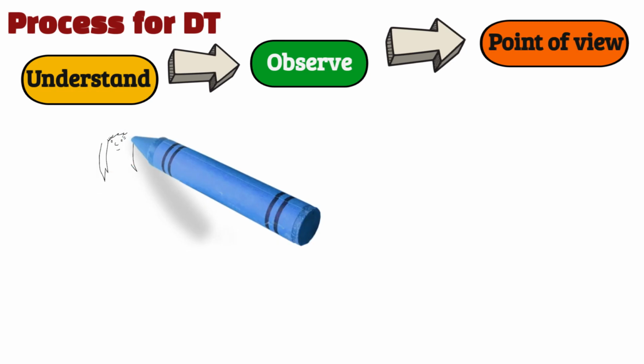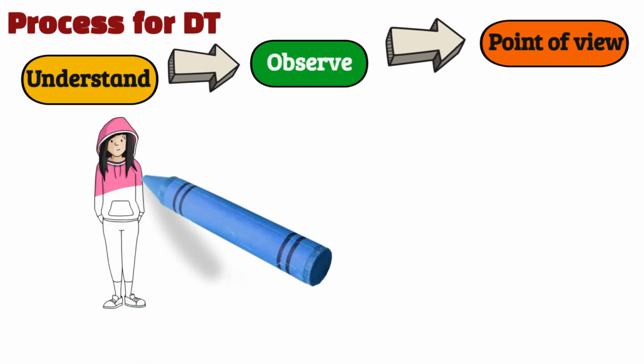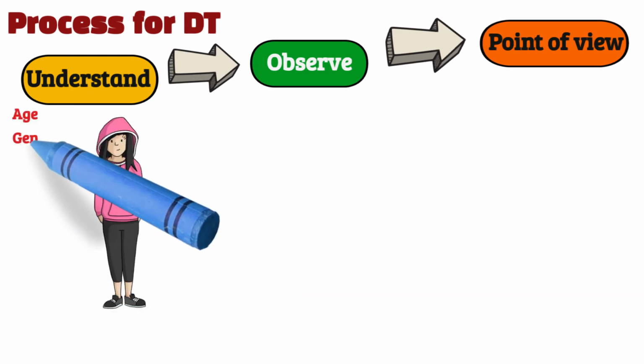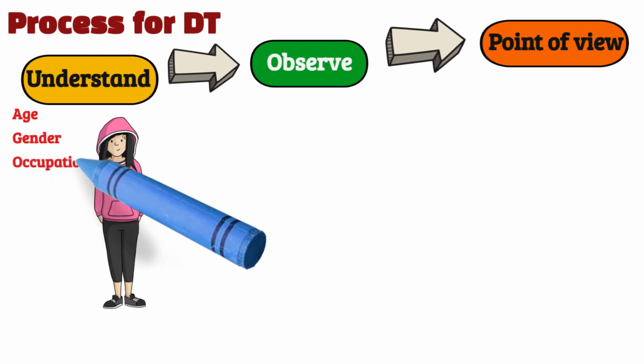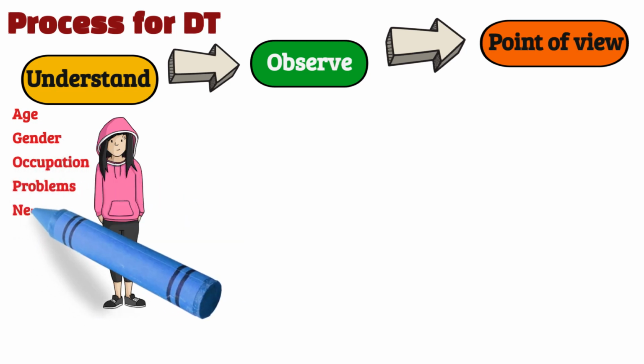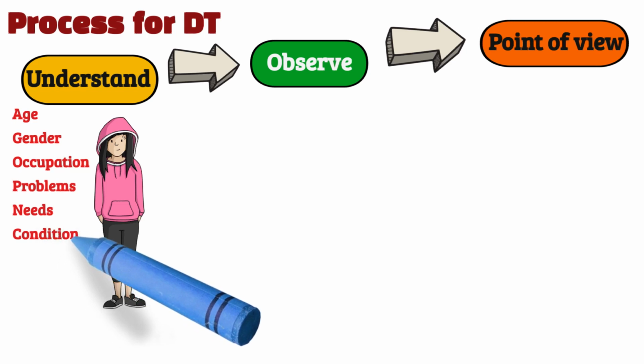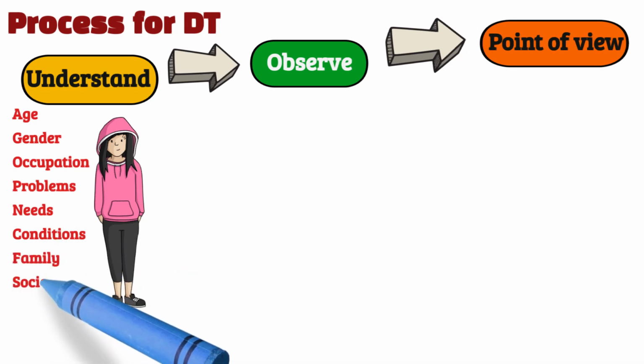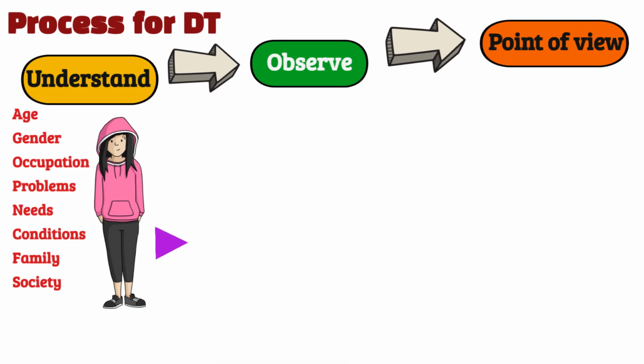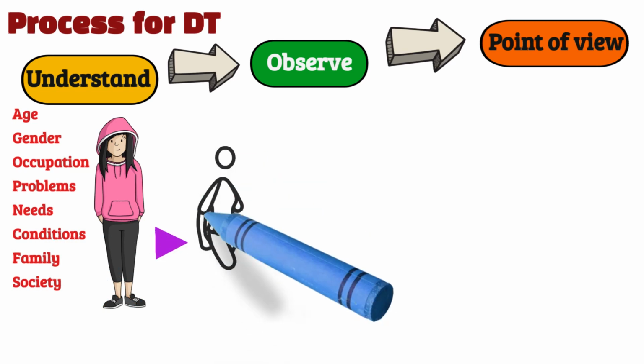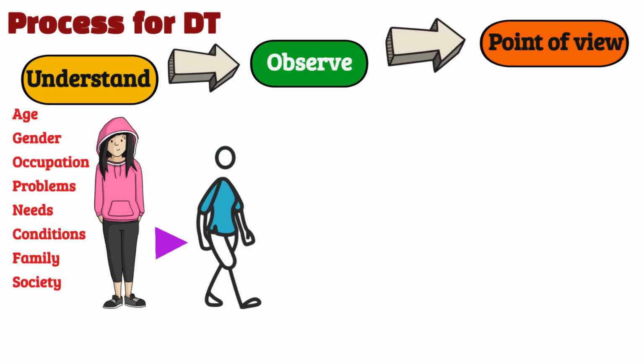Understand is about understanding the typical consumer by trying to know their age, gender, occupation, problems, needs, their conditions, family, and social settings. The next step for the design thinking team is to get an in-depth idea about consumers.